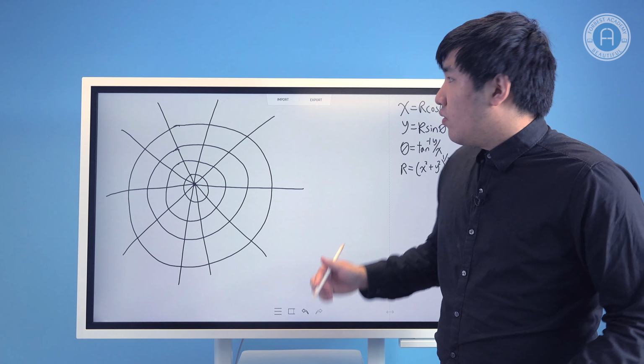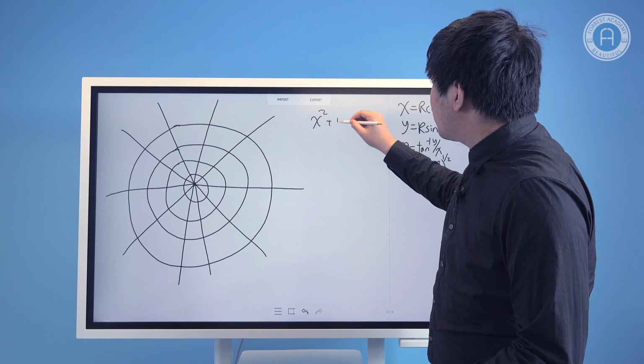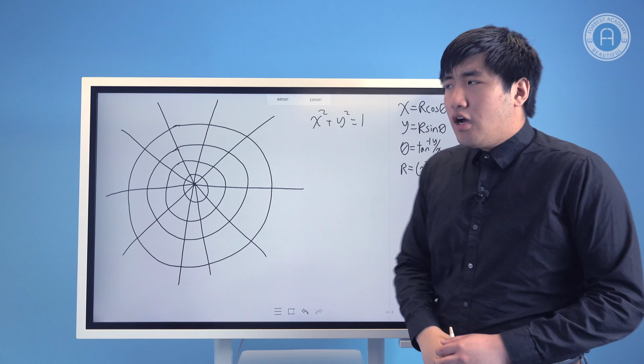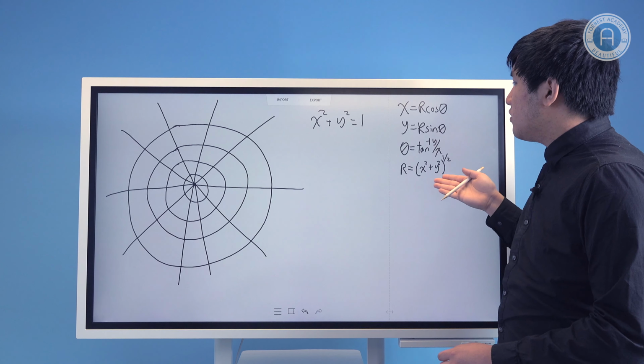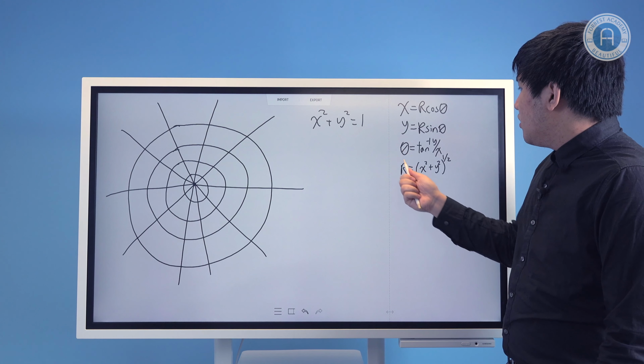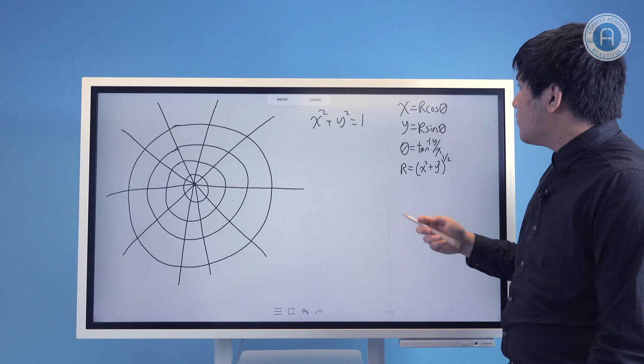So in Cartesian coordinates, the equation of a circle is x squared plus y squared equals 1. Now, if you look at our coordinate transformation equations from last video, we notice that this is equal to r squared.